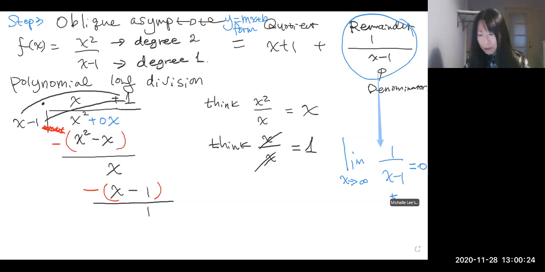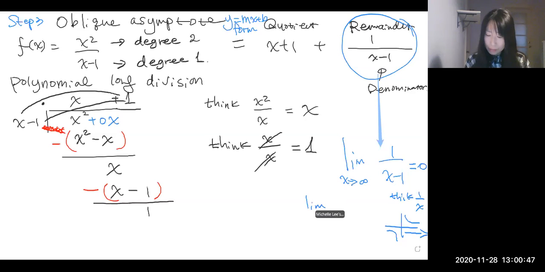Because think of 1 over x. 1 over x looks like that. When x approaches positive infinity, the y value, the graph, approaches 0, right? Same as when we take the limit. Then 1 over x - 1, okay?